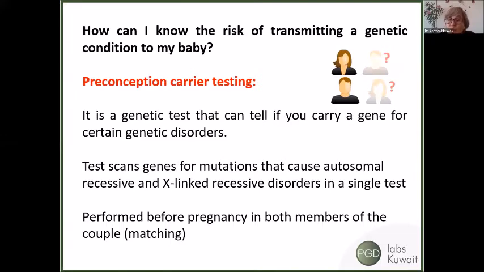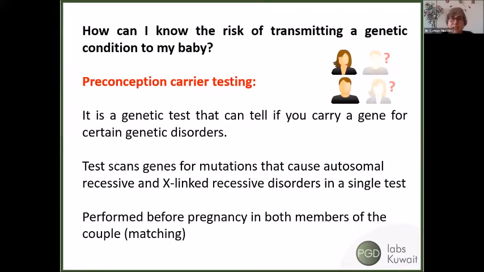This test is recommended to be performed before pregnancy in both members of the couple, because then we can compare the results of both members and see if they share mutations in the same gene, so they are at risk of having a child affected by a recessive disorder.